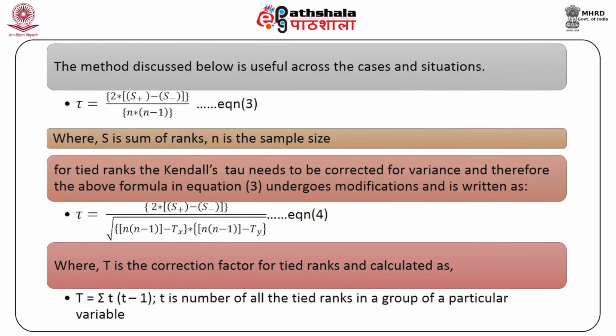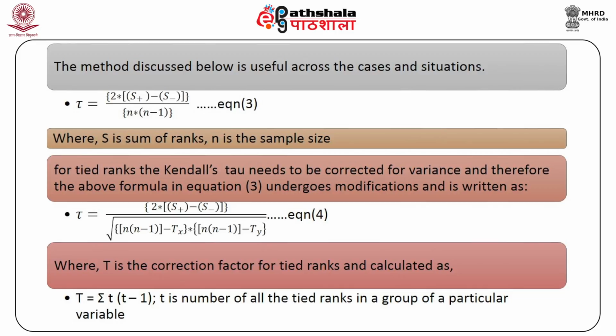For tied ranks, the Kendall's tau needs to be corrected for variance, and therefore the above formula in equation 3 undergoes modification and is written with slight changes as given in equation 4. Tau is equal to 2 into (S plus minus S minus) whole divided by square root of (n into (n minus 1) minus Tx) into square root of (n into (n minus 1) minus Ty).